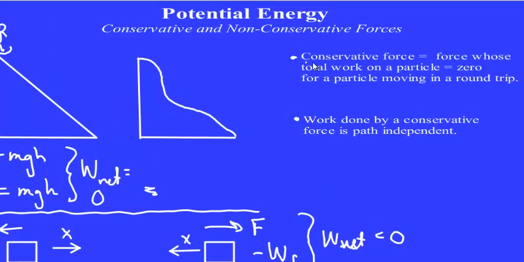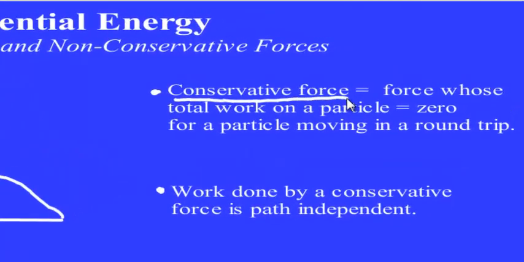We define a conservative force as a force that behaves like gravity does: when you take an object on a round trip, the net work is 0. It's positive one way and negative the other, or vice versa. A non-conservative force doesn't obey that, like friction. Friction is an example of a non-conservative force. A human's output, when you push on something, is also an example of a non-conservative force.